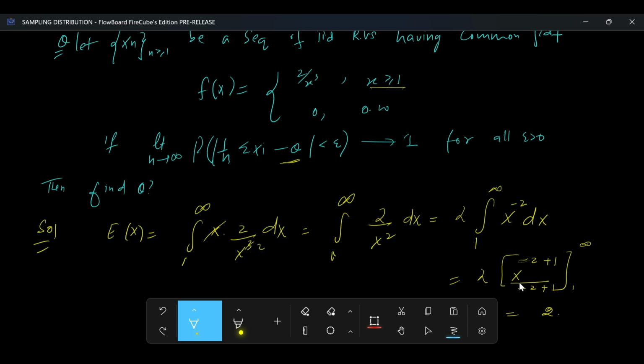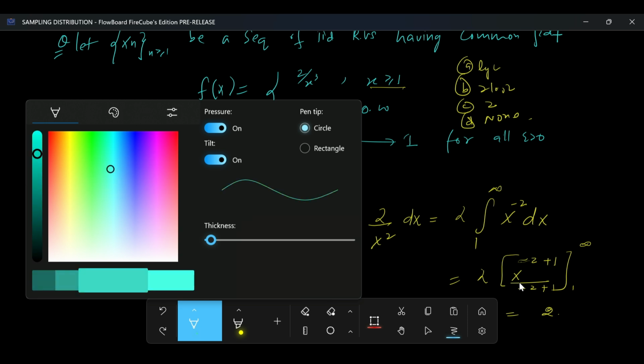So the options were a is log 2, b is 2 log 2, c is 2, d is none. So the correct option is 2.